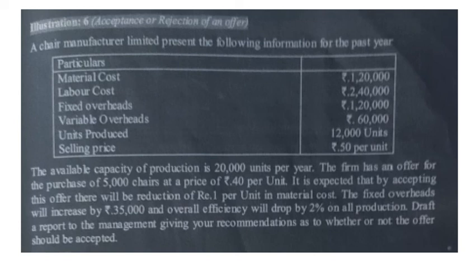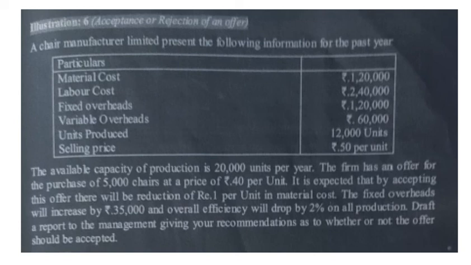The firm has got an offer to purchase 5,000 units at a price of rupees 40 per unit. It is expected that when you accept this offer to produce 5,000 extra units at this price, there will be a reduction of rupee 1 per unit in the material cost.